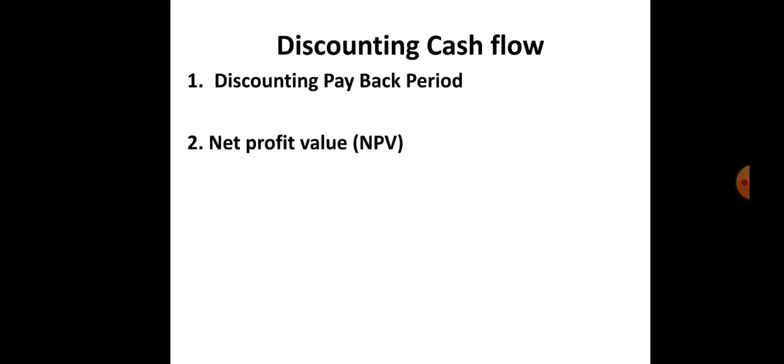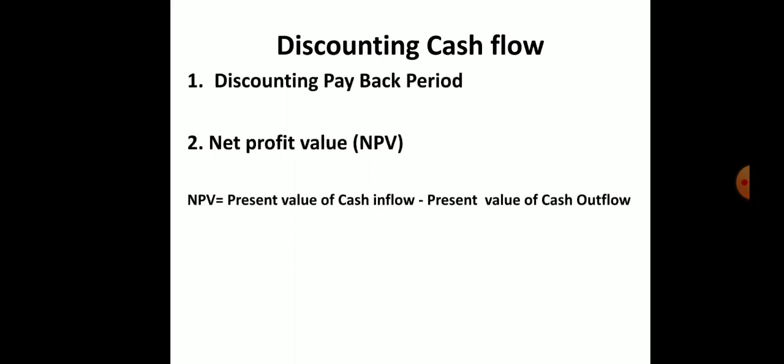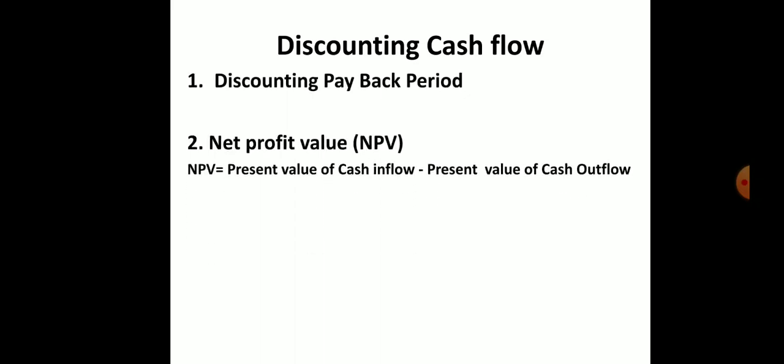Next we have net present value. Here we are calculating the present value of cash inflow, and net means we are calculating the actual profit. NPV, net present value, is equal to present value of cash inflow minus present value of cash outflow. What are we calculating as present value of cash inflow?